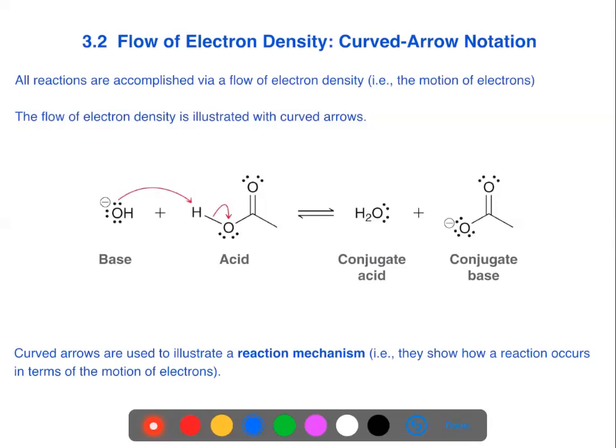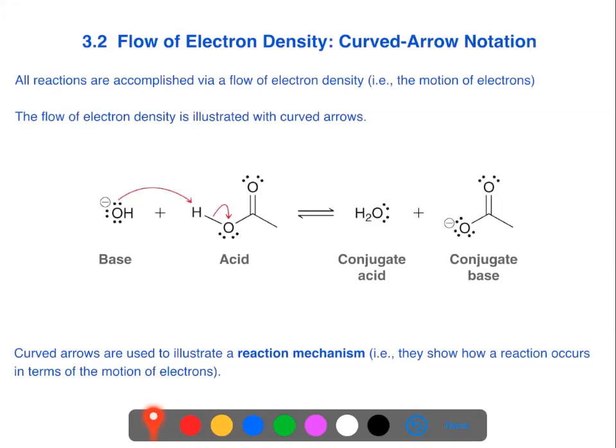And reaction mechanisms are described by this electron flow, and we use curved arrow notation to describe those electrons flowing from one source to another. Now the flow of electron density, as we've seen, is illustrated by these curved arrows, with the tail of the arrow always starting from a source of electron density. As we saw in the previous videos, that can be a lone pair or a pi bond.